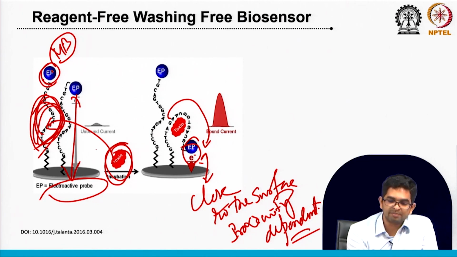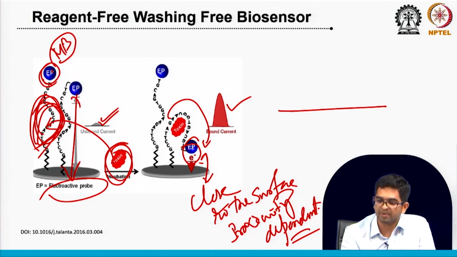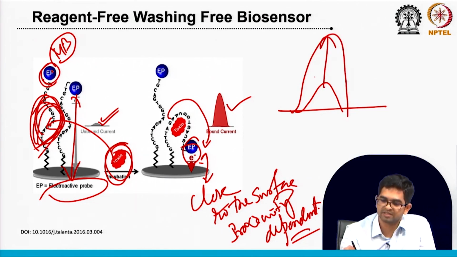Then we can measure chronocoulometry, chronoamperometry, cyclic voltammetry, whatever you can measure. Or the oxidation peak. You can see the oxidation peak here this much, and here this much, because it's close to the surface, we are getting a very high signal. So in the background case your oxidation peak is like this, and in the signal case you are getting an oxidation peak like this. So this much difference is there.